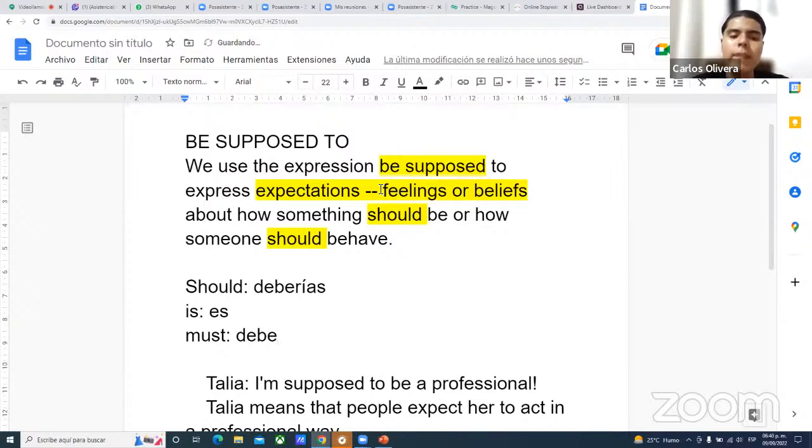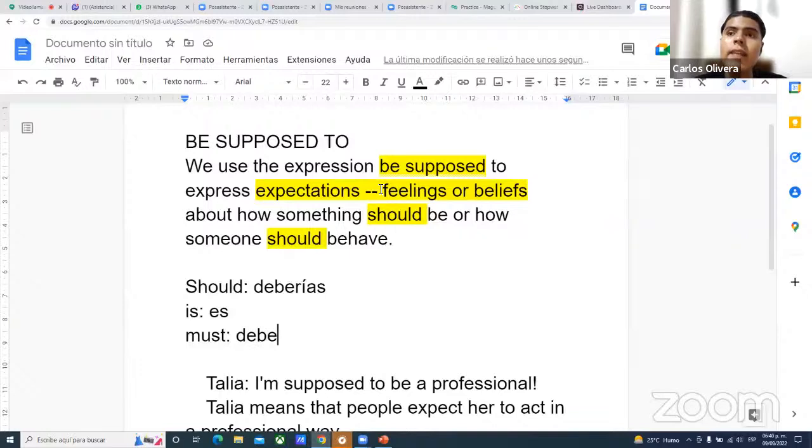Here there are three different categories in grammar. Should represents what is called the subjunctive mood in grammar. That is to say, things that should be, not how things are indeed, but how things should be.